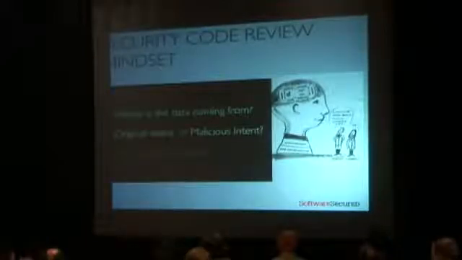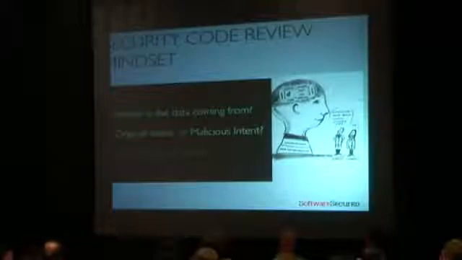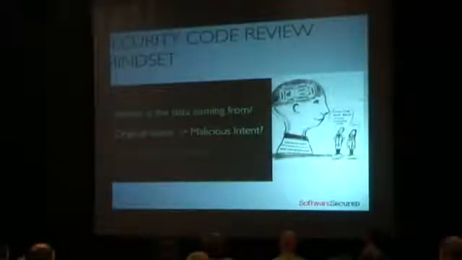Has this data been validated? Are there any natural mitigating controls? Like, for example, you have a SQL query that is constructing the SQL dynamically using unvalidated data, but then the data is cast to an integer. Now it's not exploitable. So it acts as a mitigating control. It still needs to be fixed, but it's not exploitable in this case. So those are the 3 questions that would help put you in a security code review mindset.